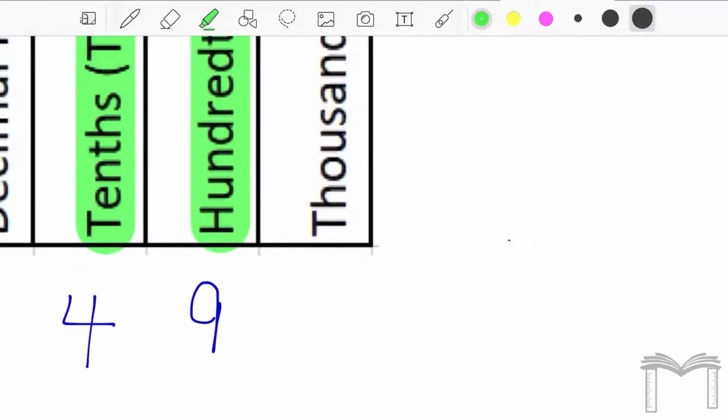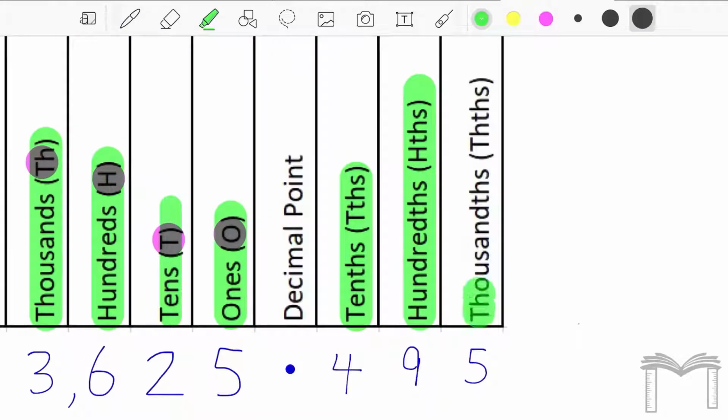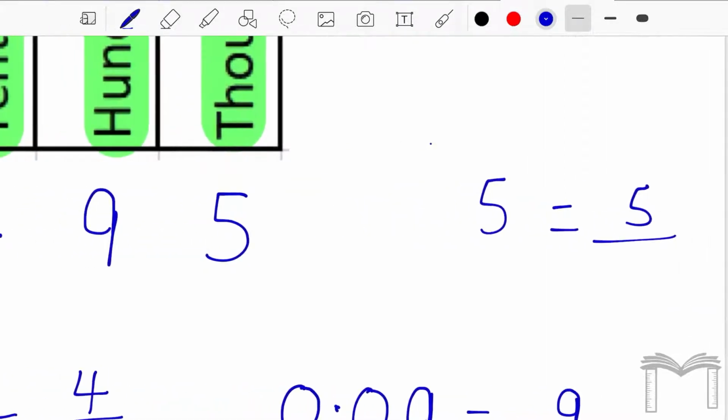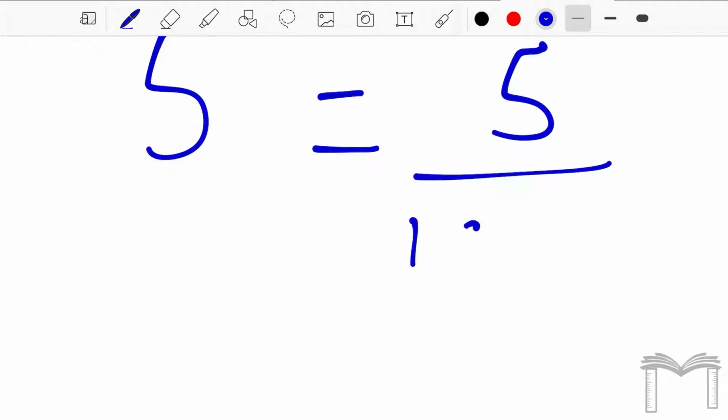The third number after the decimal point, we call this thousandths, and this 5 really means 5 over 1000.